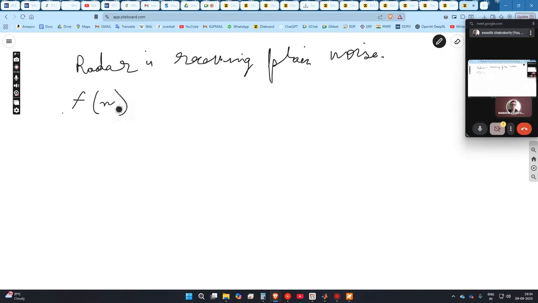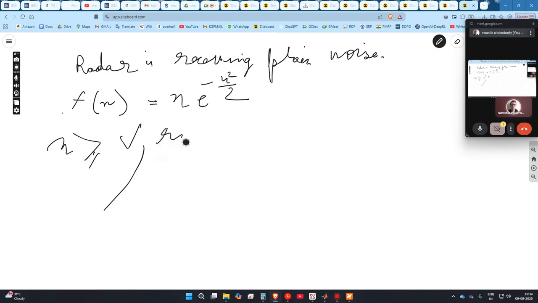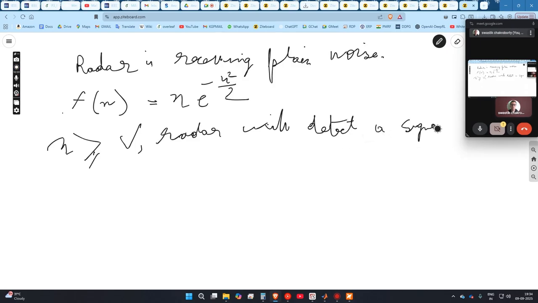Here the output voltage is given as x e to the power minus x square by 2. So if this x crosses a certain threshold, x greater than v, even though we are not sending any signal, the radar will detect a signal falsely.